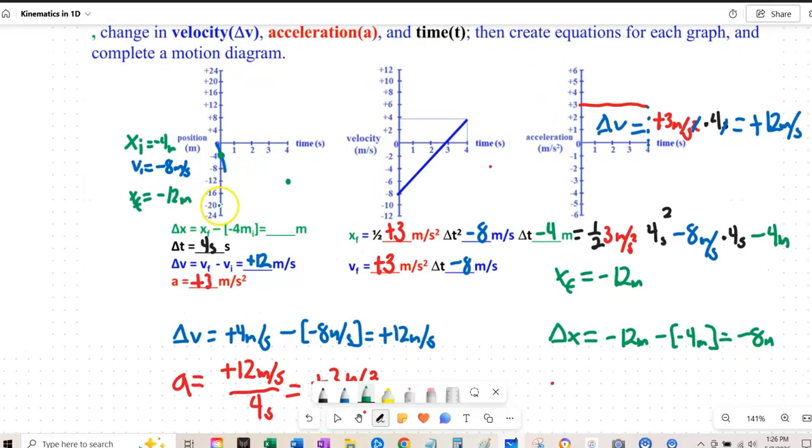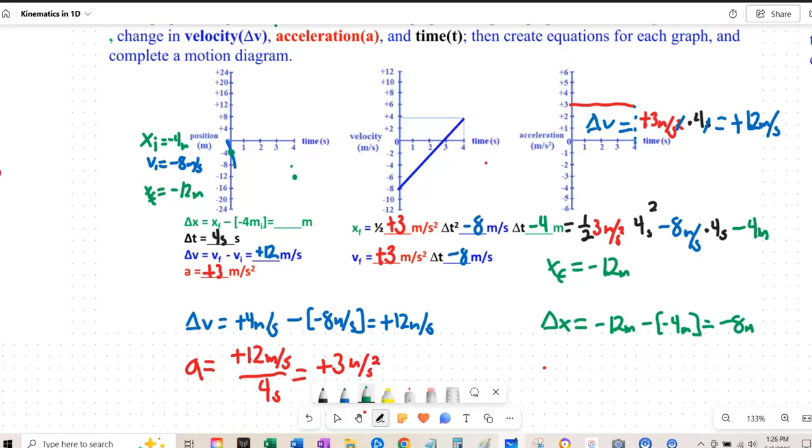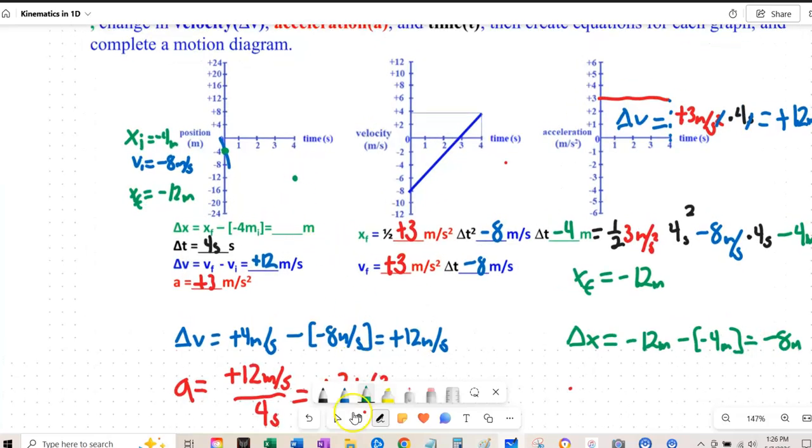Okay. Well, to create this last part of the graph, we found its final position. We know its final velocity, which is its slope at that line, which is +4 meters per second. I don't like the way this looks. This looks too squished.